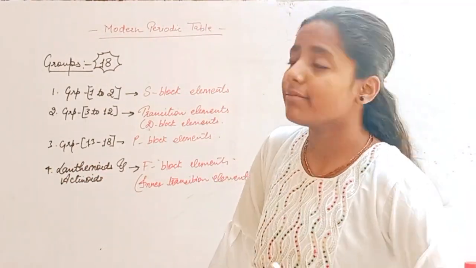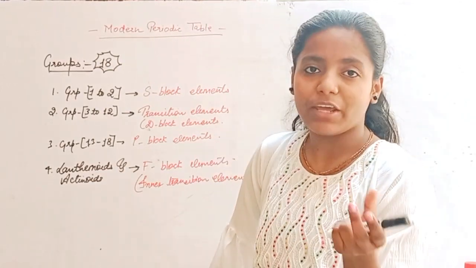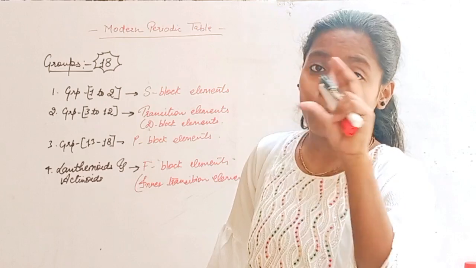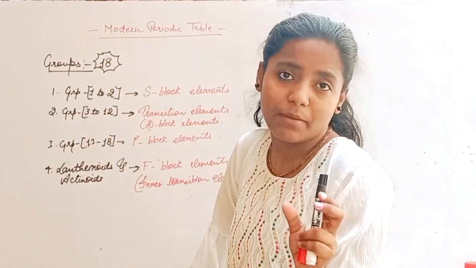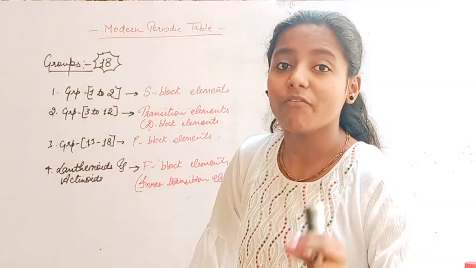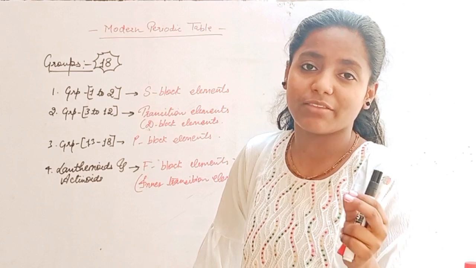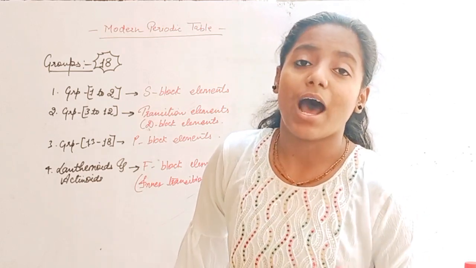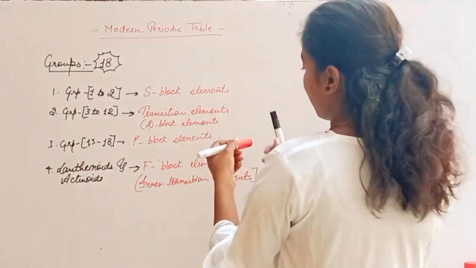The main thing in this particular group is that every group has elements. Every element is written in the form of electronic configuration, and that electronic configuration gives you the outermost shell or the valence electrons. I can give you an example.